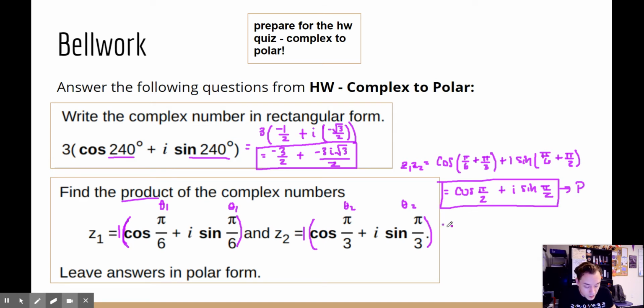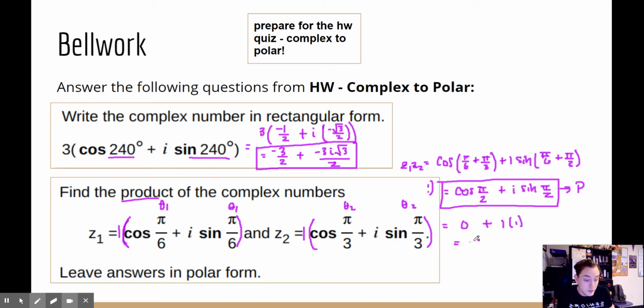If I wanted to go further and put it in rectangular form, I could evaluate it, and I'll show you that right now, but the previous line is my final answer. Cosine of pi over 2 is the same thing as 0 when I evaluate it, and then this is i, and then sine of pi over 2 is just 1.